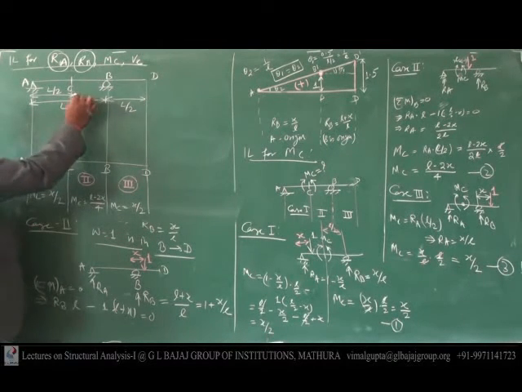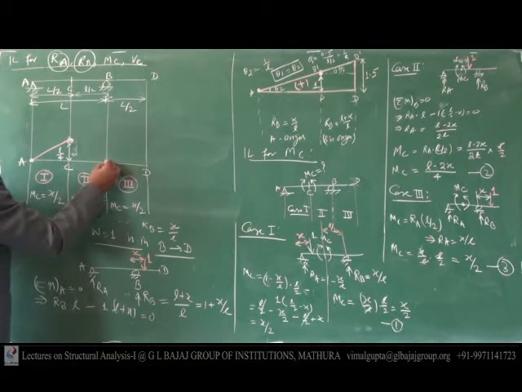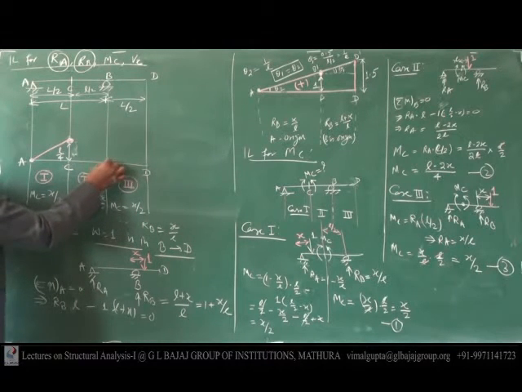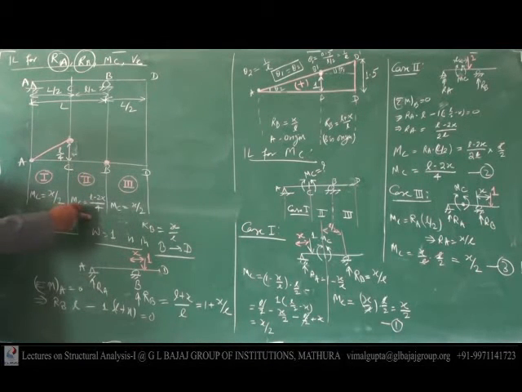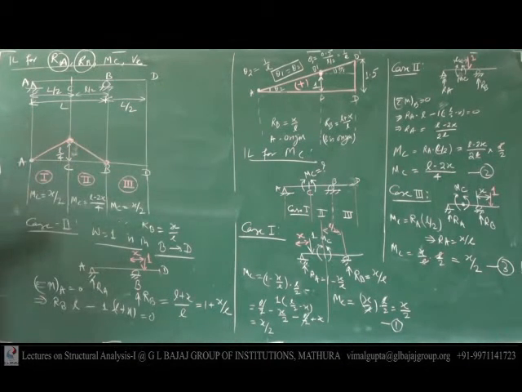At point B, it is also L by 2. So put the value of L by 2 over here: L minus L, 0, so you will get 0 here. This is the point, and since it is a linear relationship, its plot will also be a straight line.